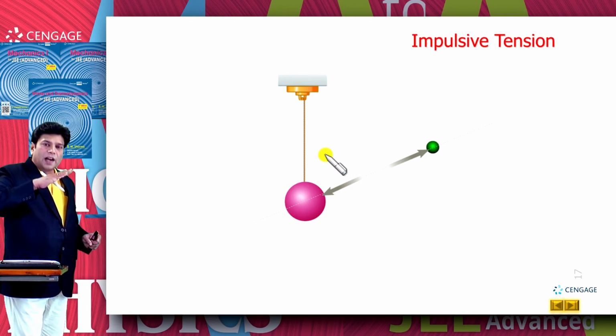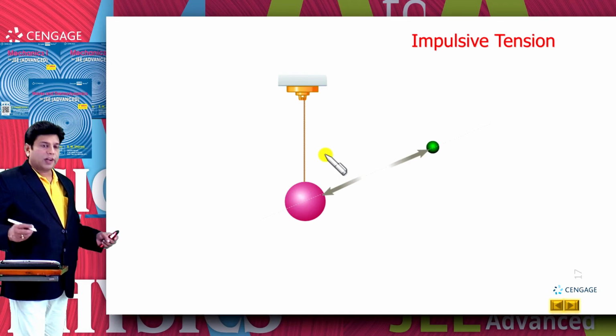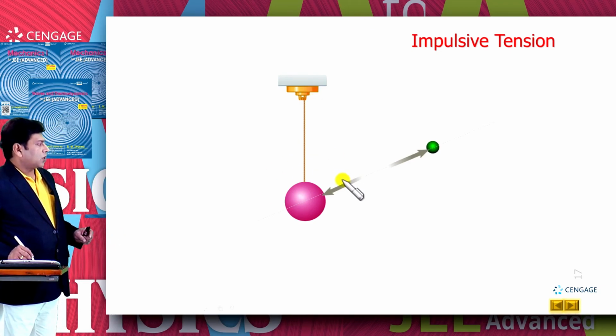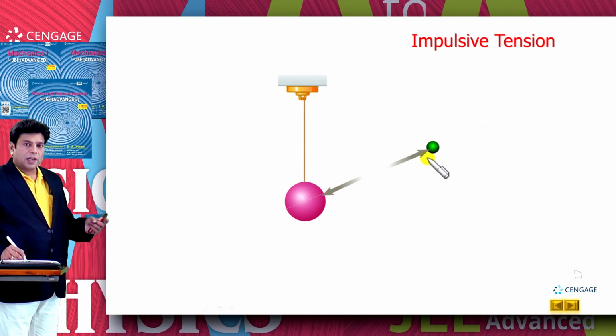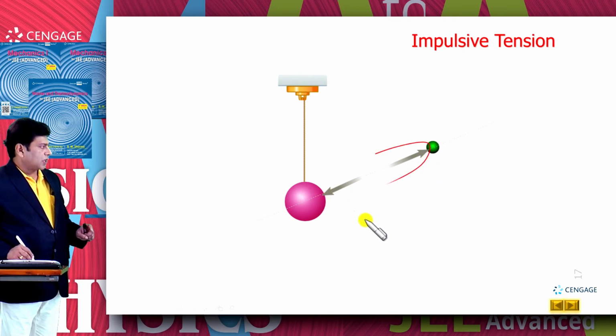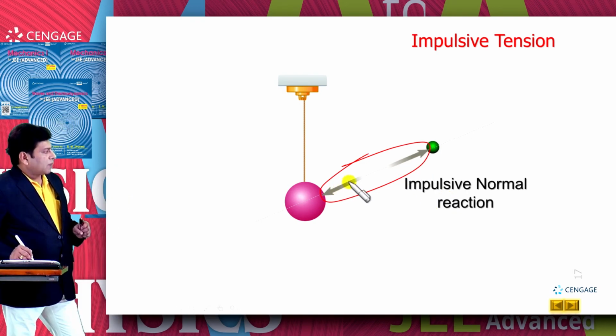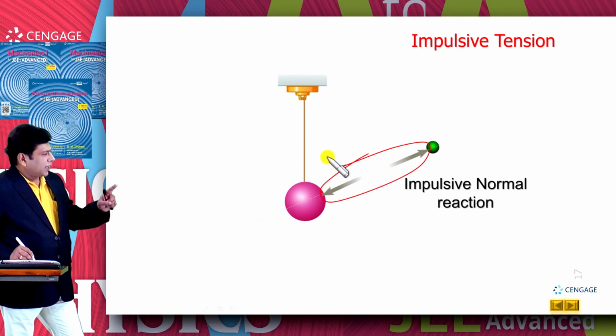It is inclined at a certain angle with the horizontal or vertical. So here you can observe this normal reaction pair is certainly impulsive. Now you can observe the impulsive force acting on this bob is inclined at a certain angle. It may have a component in the vertical direction.